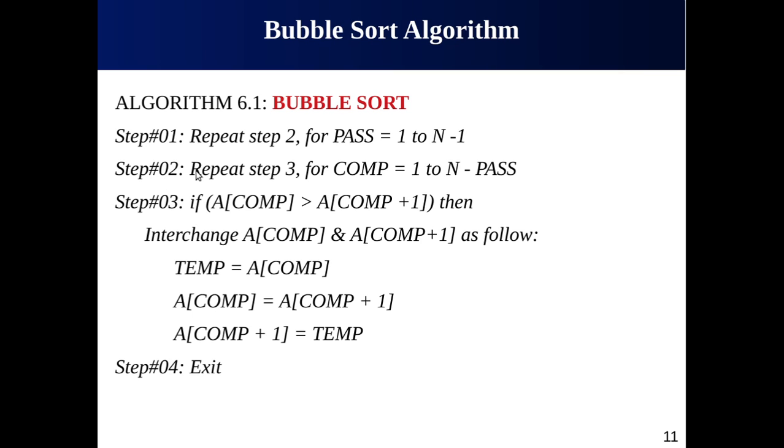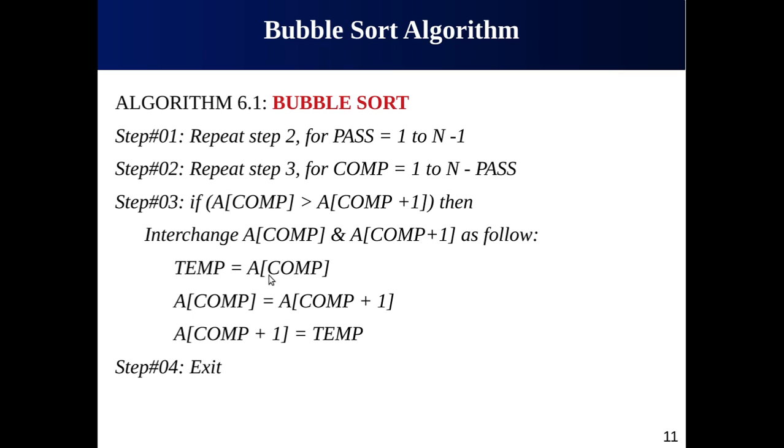Remember, here we are dealing with multiple for loops, a nested loop. In the case of a nested loop, the first loop is the outer loop, while the second loop is the inner loop. For one value of the outer loop, for example, pass equal to 1, the inner loop will execute up to n minus pass times.